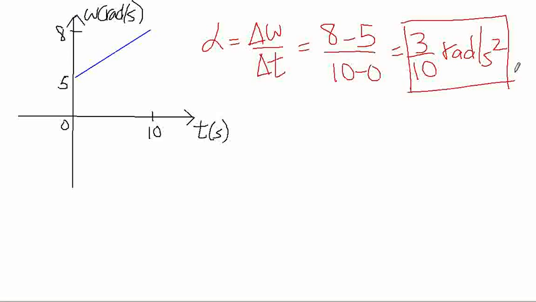By the way, let me also show you an alpha versus time graph. Okay, what would the alpha versus time graph look like that corresponds to the motion that I was just working with? Okay, let me draw a picture of that.